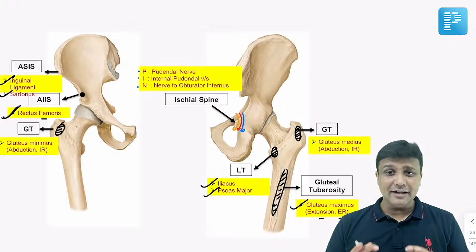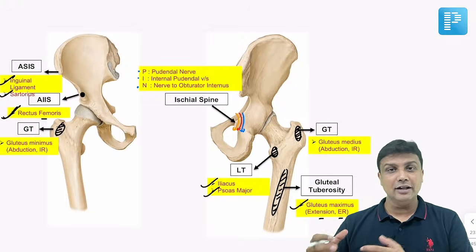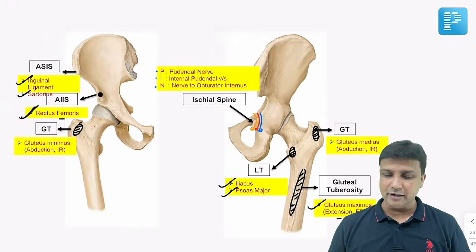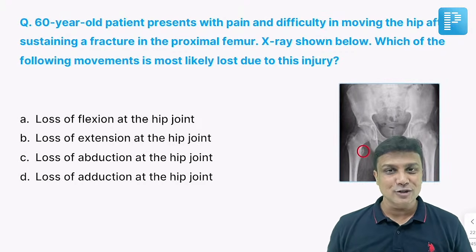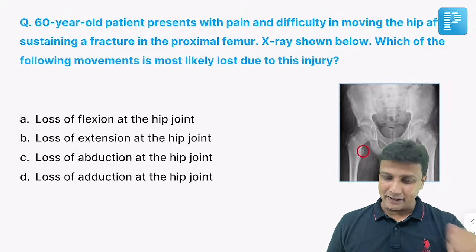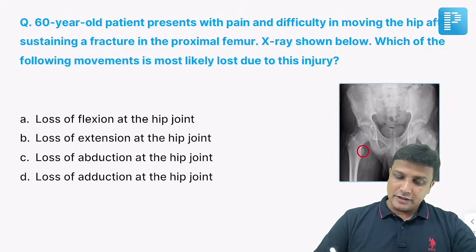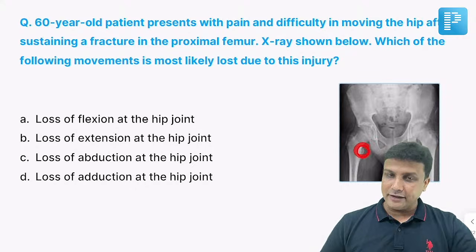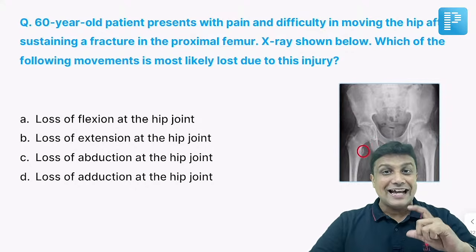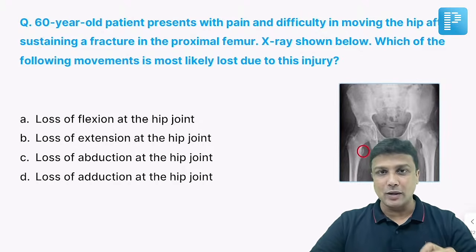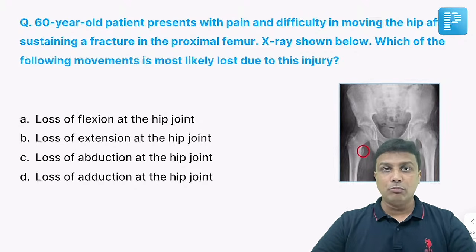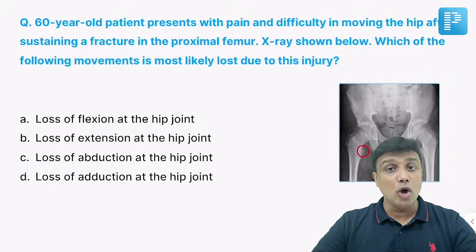Now, once you learn this concept, this is how we'll be teaching in our videos, and this is how they'll be asking you the questions. Now let us try to apply. The structure marked here is the lesser trochanter, and on the lesser trochanter, iliacus and psoas major are attached. Now, which movement will be lost here?